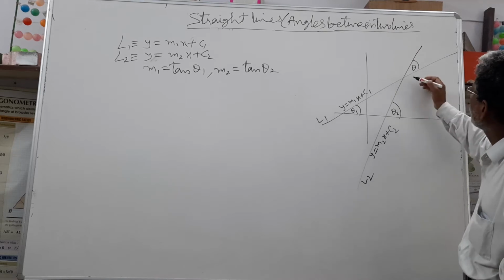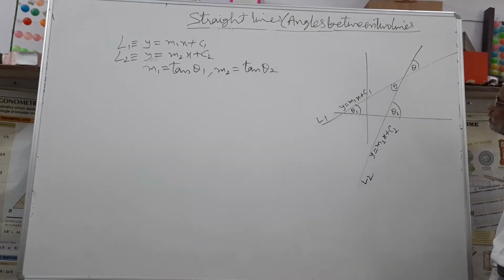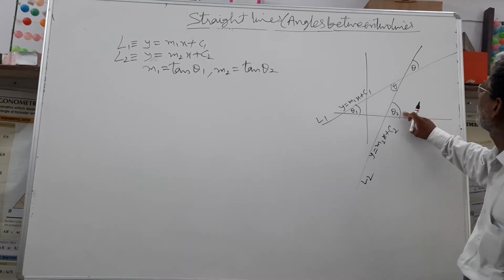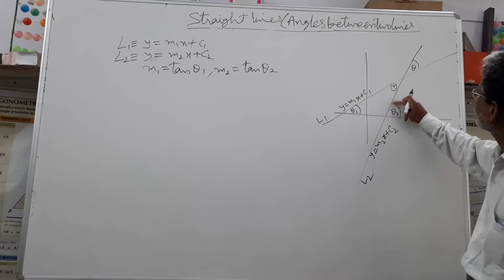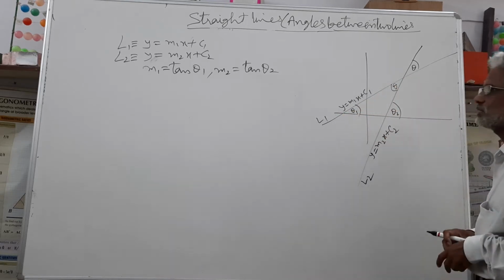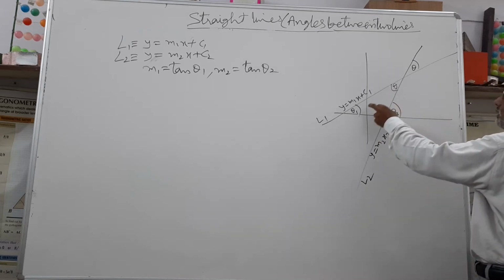Then by vertically opposite angles, this is also theta. Now theta 2 is the exterior angle of this triangle, and the exterior angle is equal to the sum of the two interior angles.